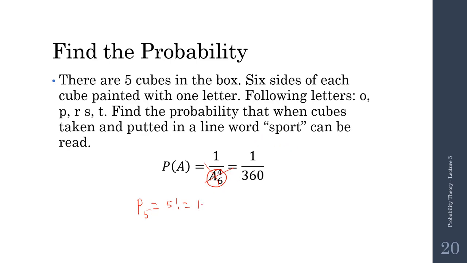So 5 factorial is 1 times 2 times 3 times 4 times 5, which is 120. So the probability will be 1 over P5, which equals 1 over 120. This is the probability of getting the word sport when you extract cubes from the box.